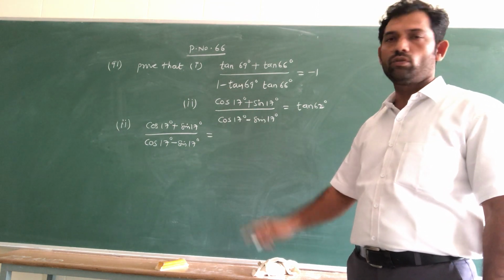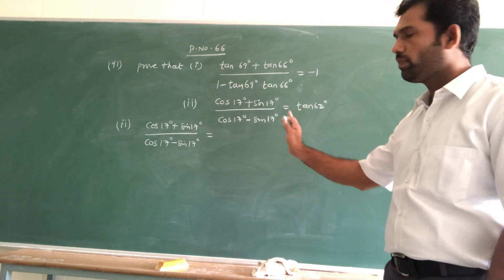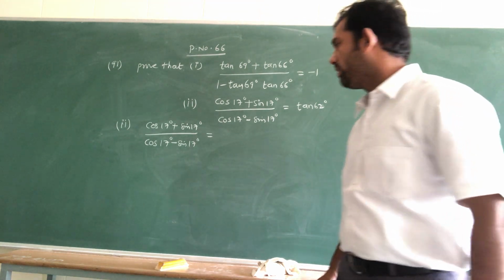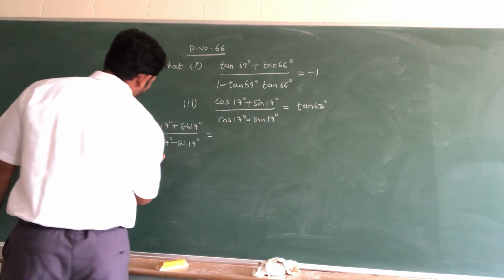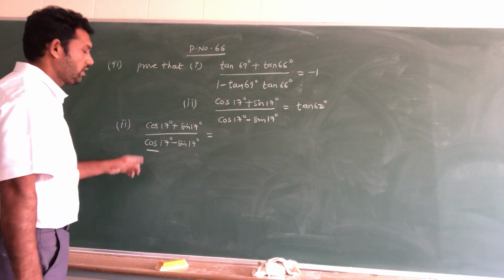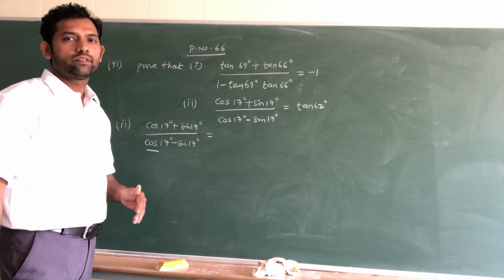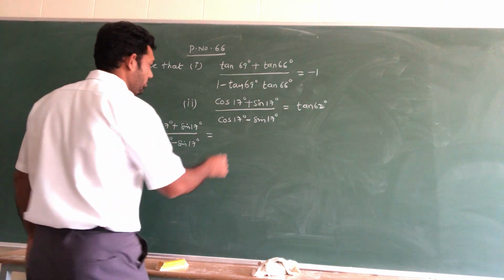So here throughout the equation is divided. So the whole problem should be converted in tan. That's why it is divided with whatever is given here, cos 17 degrees, throughout the equation. Divided with cos 17 degrees. Then what happens?